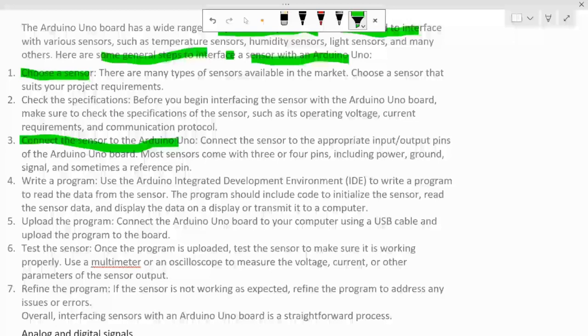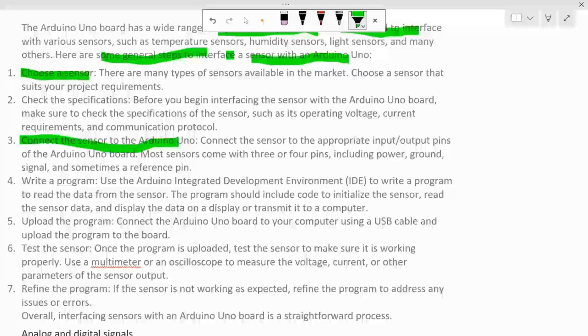When we say appropriate pin, some sensors require analog pins because they give analog output. No need to worry. In this section only, we will further see what is analog signal and what is digital signal. Right now, just keep in mind some sensors give analog output, some give digital output.